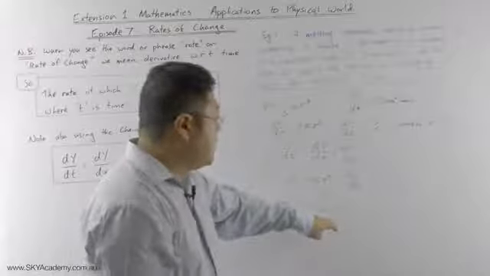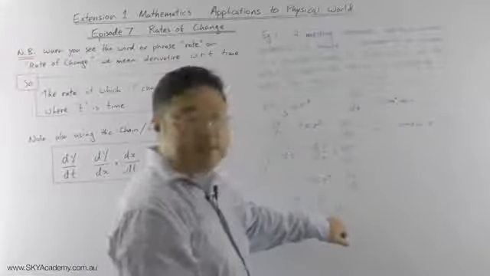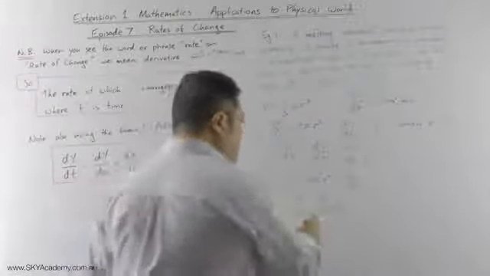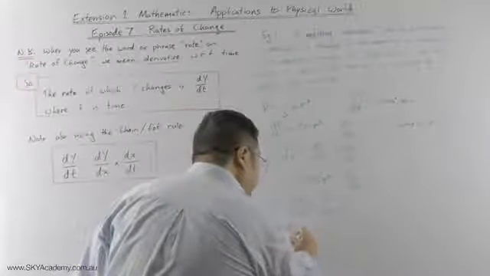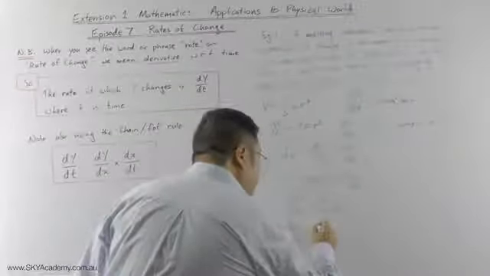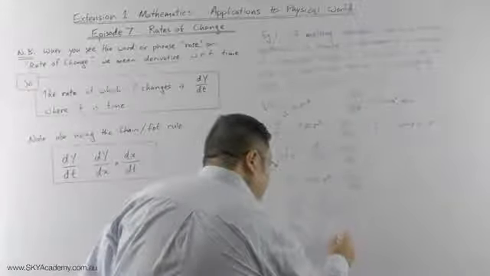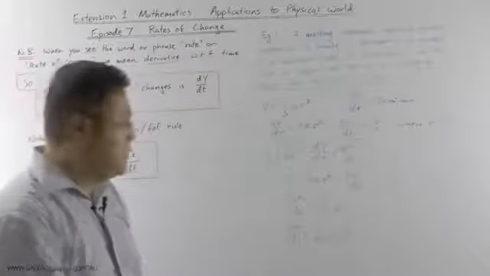But the only thing that's stopping us from finding that is we don't know what r is, okay? And we're told that r is equal to 4. So I'll go one more line. The rate of change of the radius with respect to time is going to be equal to 8 over 4 pi r squared. Got it?